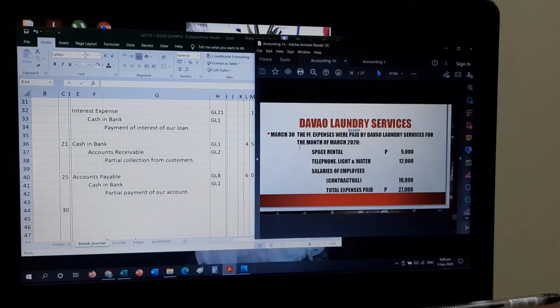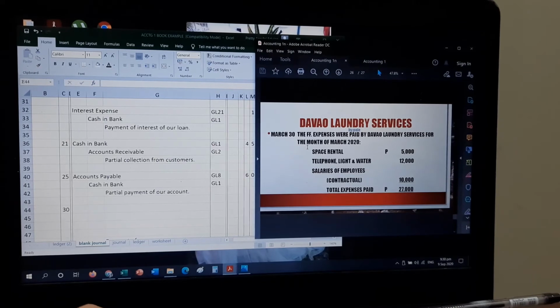Next. The following expenses were paid by Davao Laundry Services for the month of March 2020. So we have here the enumeration of the expenses. We have space rental, telephone, light, and water, salaries of employees, which are contractual employees, then the total expenses paid.